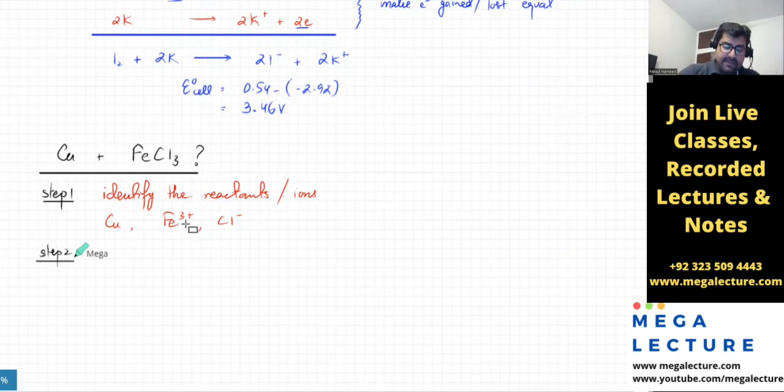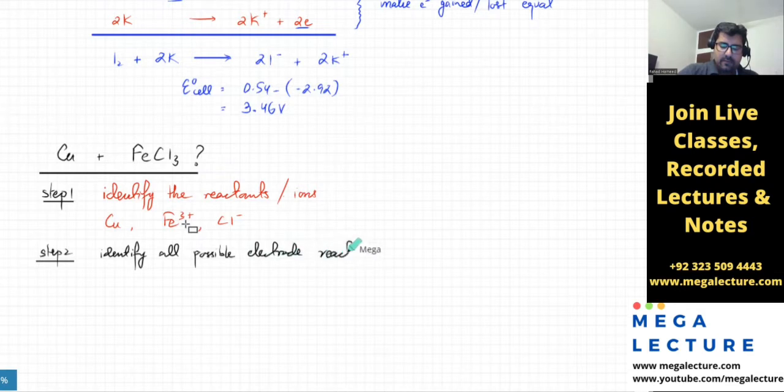So what you're going to do in step 2 is identify or write down all possible electrode reactions, all possibilities that can happen to it.